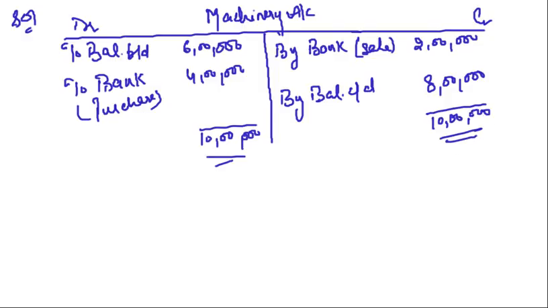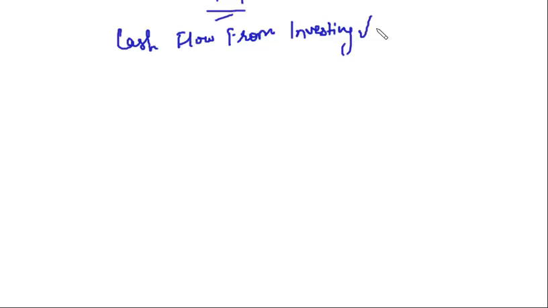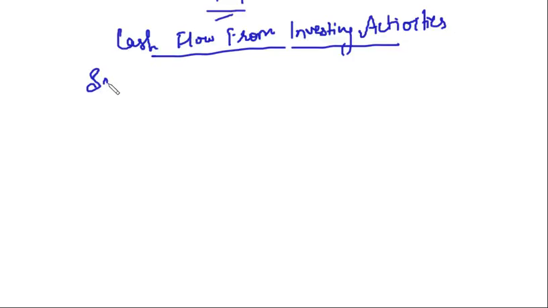Right, so what are the relevant figures from the point of view of investing activities? These two. So while preparing cash flow from investing activities, one is the sale of machinery.